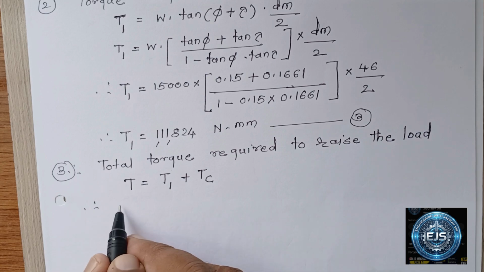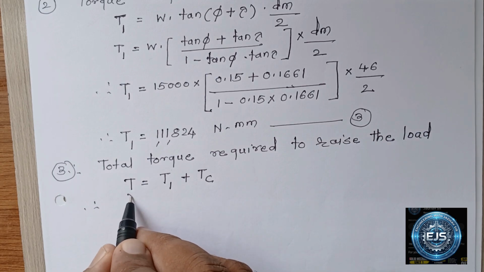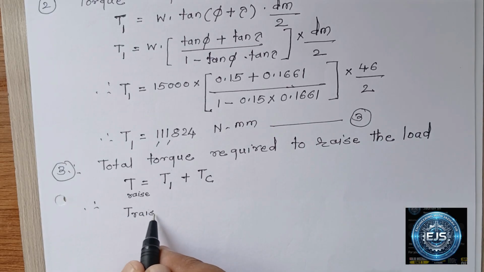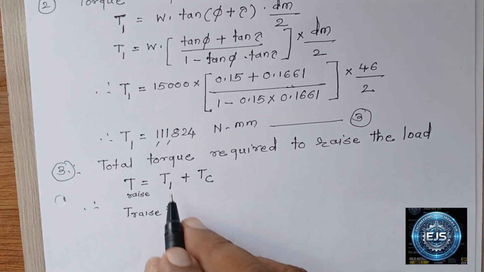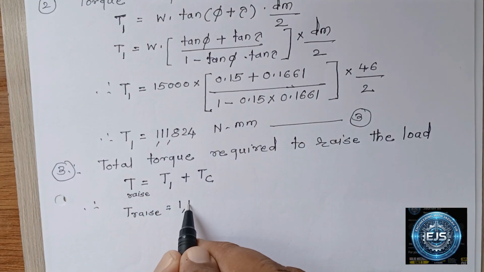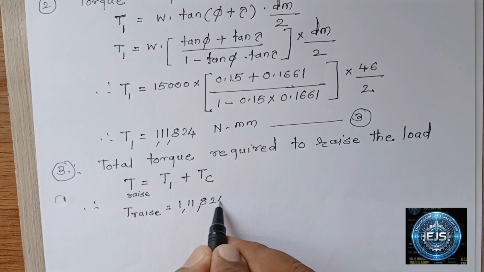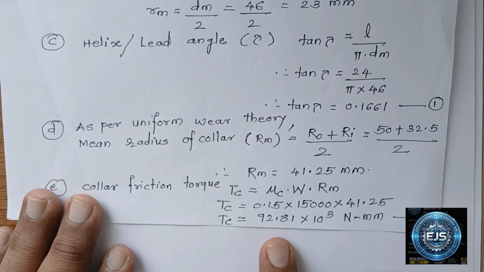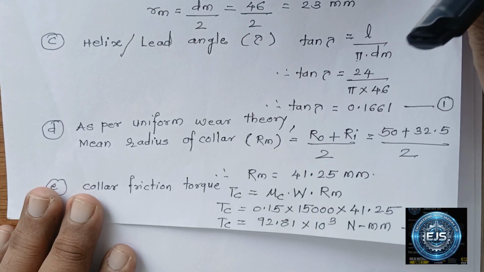We call it T raise, the total torque required to raise the load. T raise is equal to the torque required to overcome the thread friction, which is equation 3, 1,11,824, plus the collar friction torque we calculated in the previous step, 92.81 into 10 raised to 3.